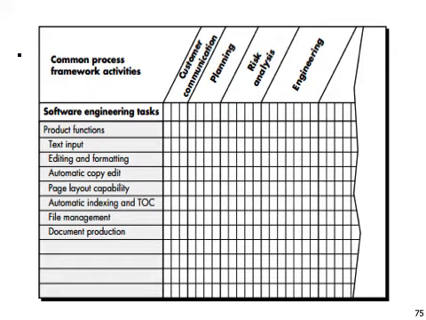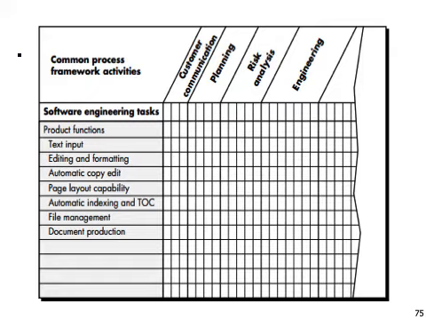For the framework activity customer communication, how much resources are required for that particular activity? Then you take planning, how much resources are required for planning of this particular function text input. Risk analysis, how much resources are required for risk analysis of that particular product function. Similarly, you estimate the resource requirements for each of these matrix cells.